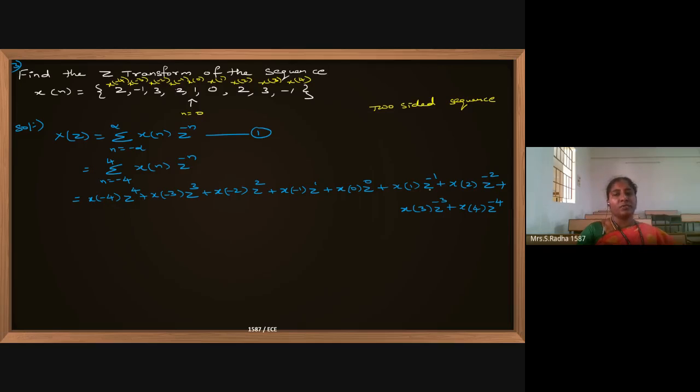And if you see, whenever you are taking x of that n value negative, z power is becoming positive. Whenever you take n value positive, z powers are becoming negative. That is the thing you have to observe.